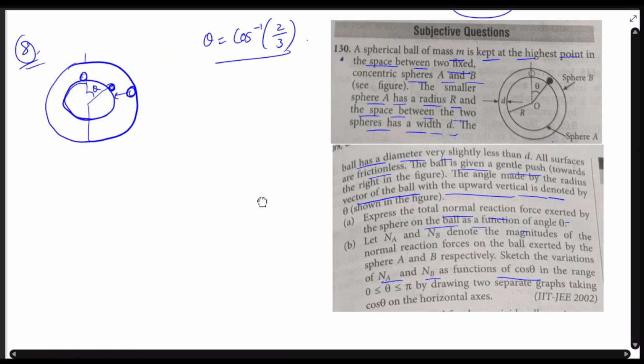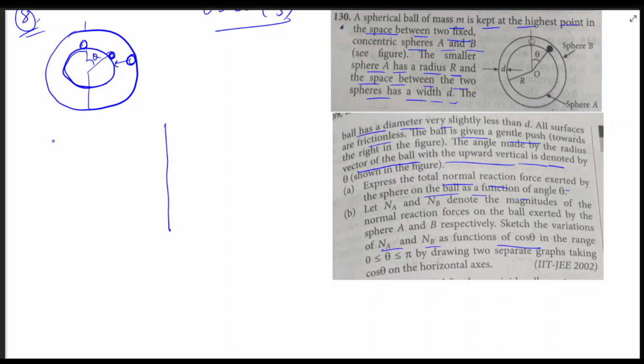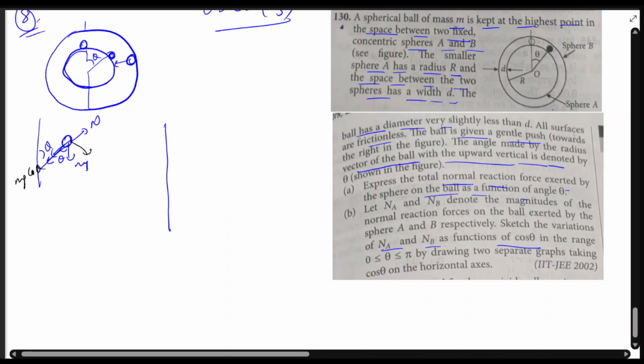Okay. So let's make both the situation individually. First, it is in the contact with the sphere A. So we will have mg here. This is theta. Normal will be here. And here we have mg cos theta. And here it will be mg sine theta.